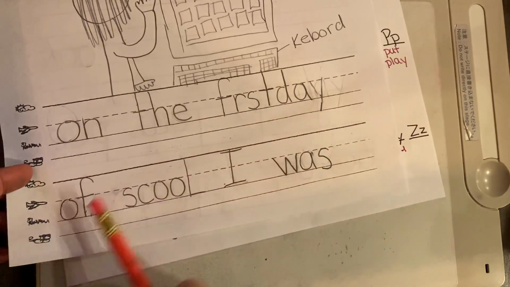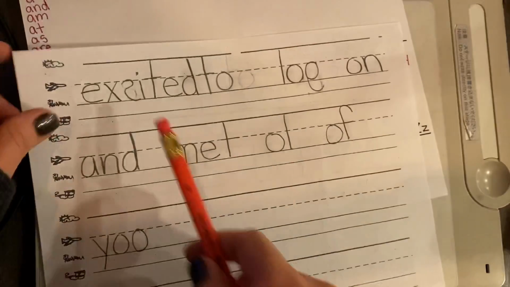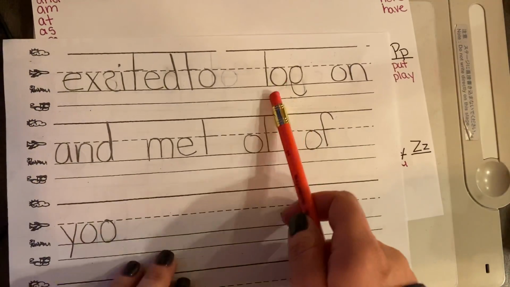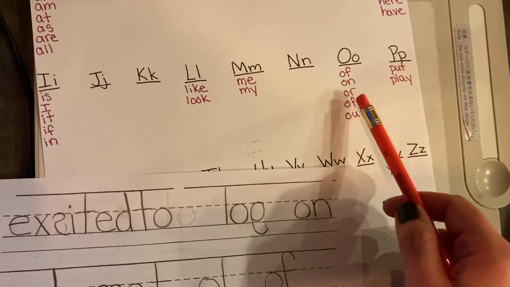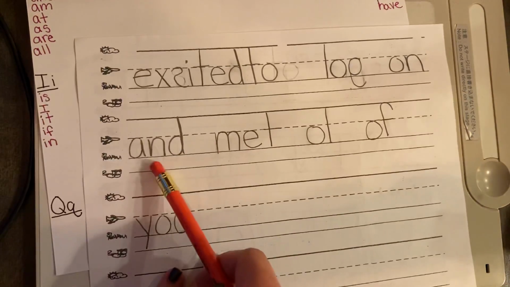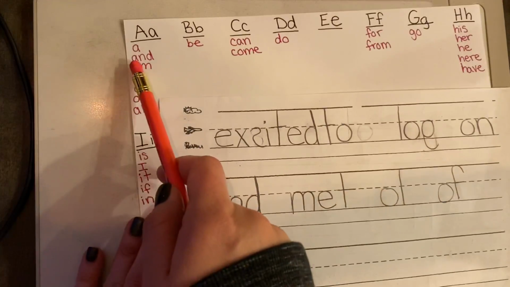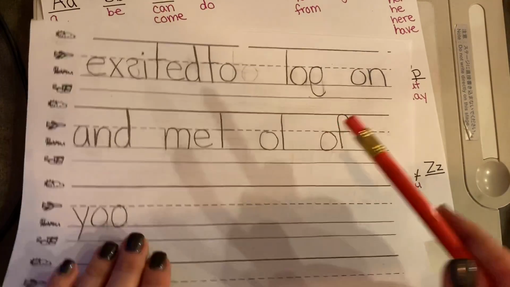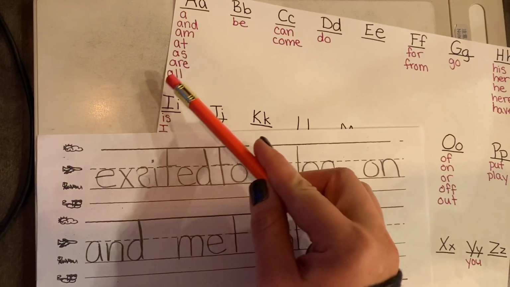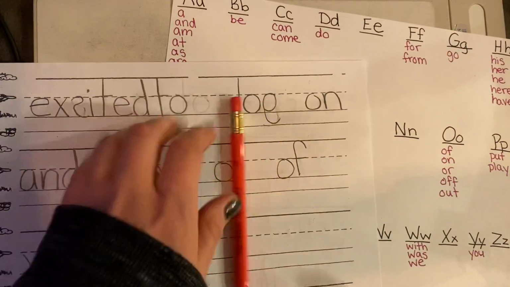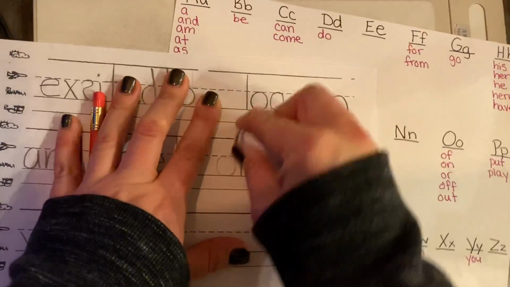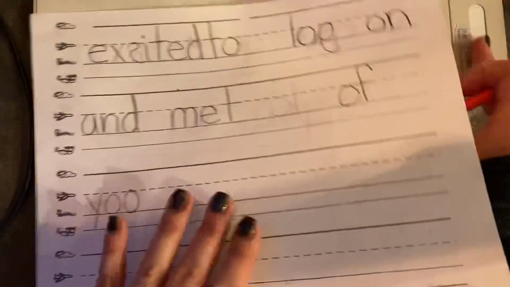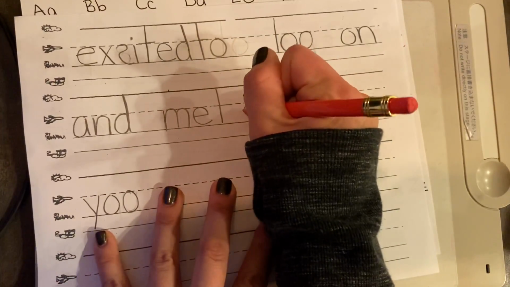On the first day of school, I was excited to, T-O, spelled that right, log on, O-N, and A-N-D, and that one's good, meet all, A-L-L, I need to erase this and change it. All was on list 3, so it's a new one that we've added that we need to make sure that we're spelling correctly.